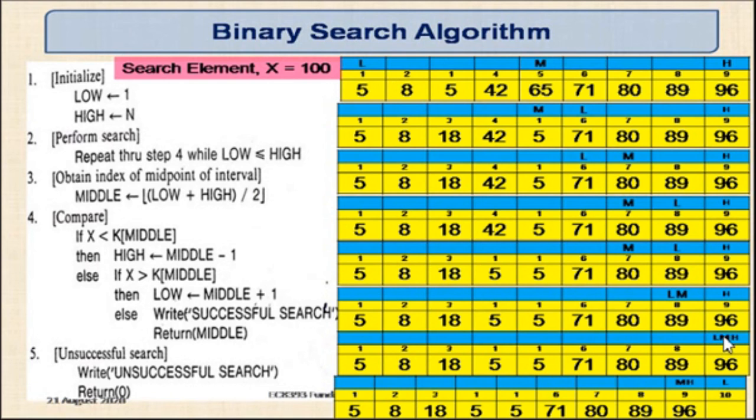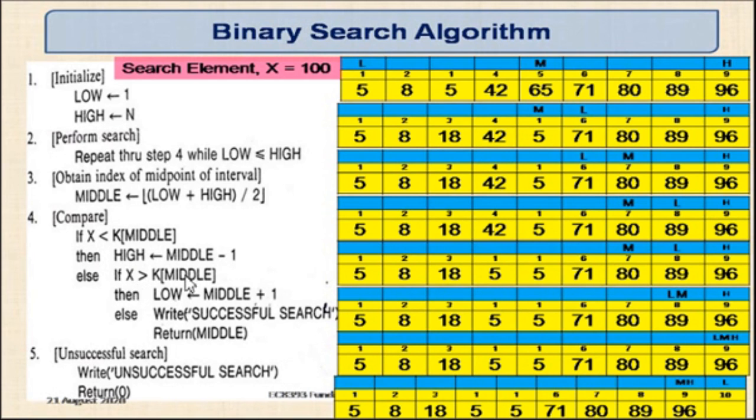Now it checks whether the value 100 is less than the middle value. The middle value now is 96. The first condition fails: 100 is not less than 96, so it goes to the else case.